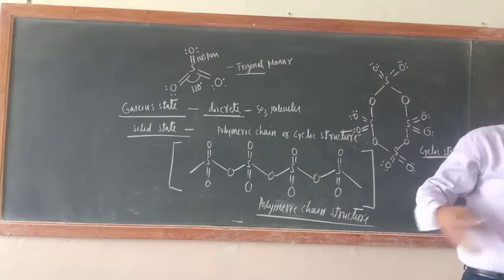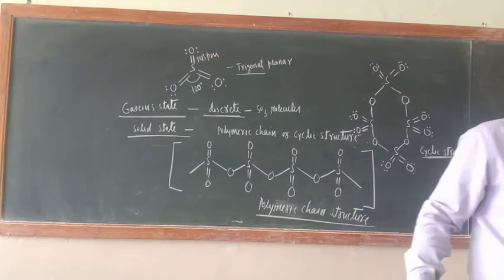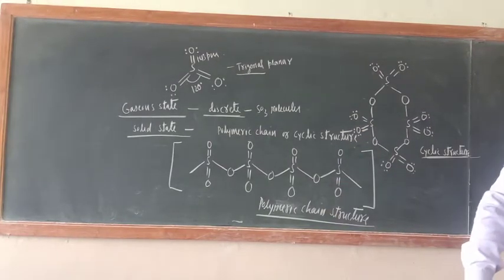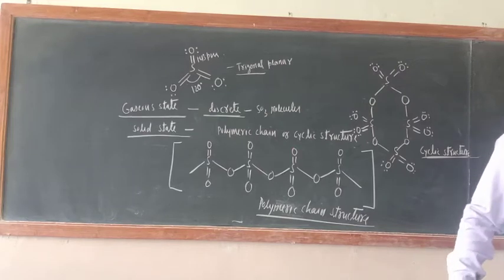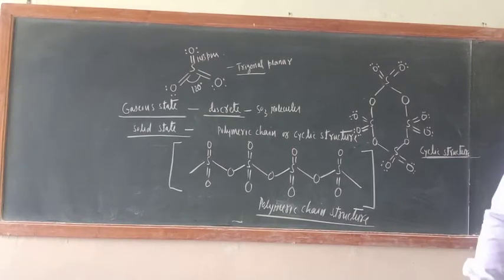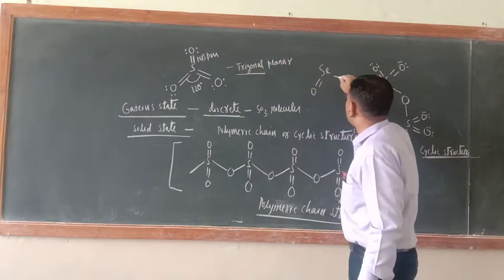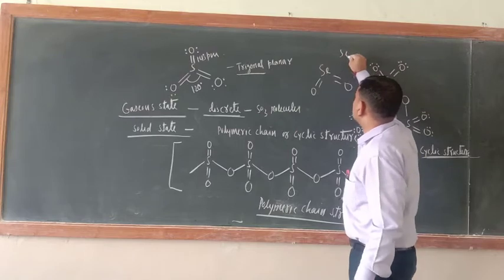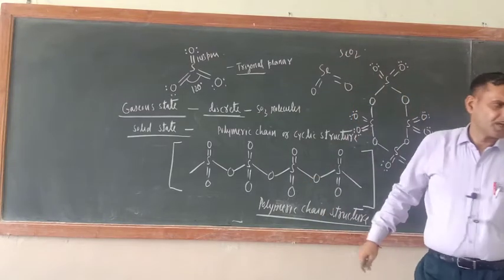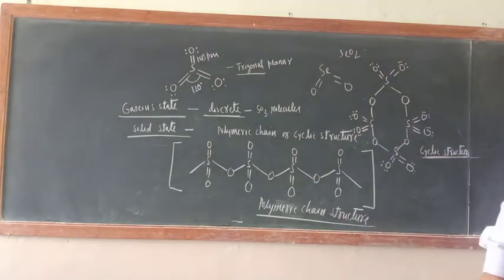Over. Others are also forming oxides like SeO2. So the SeO2 structure is just like the SO2 structure. SeO2 structure is this one: Se double bond O. Now tellurium oxide is also there, TeO2. In the same way TeO2 is also formed.